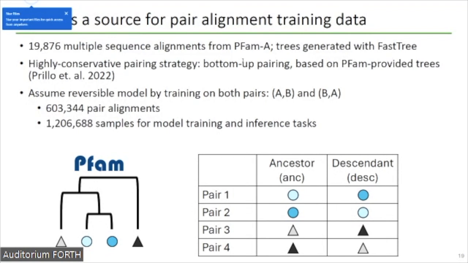We also bake in the assumption of reversibility by training on both pairs. That is, each sequence in these pair alignments gets to take a turn at being the ancestor and the descendant, which leaves us with 1.2 million samples for model training and inference tasks.